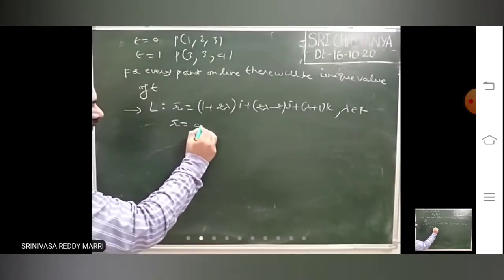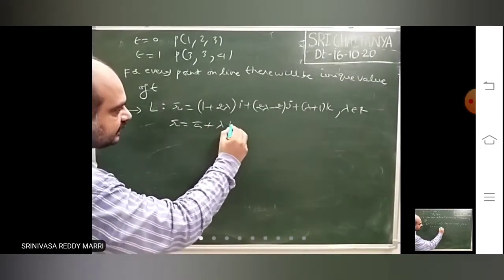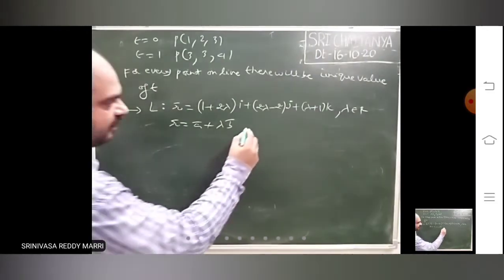First you convert it into A bar plus lambda B bar. It must be in this form.